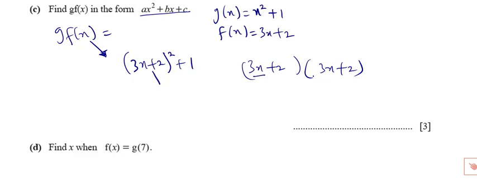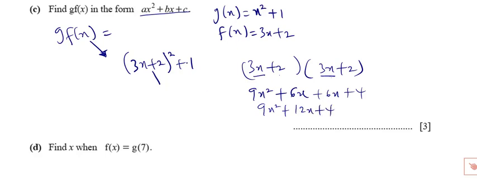So 3x multiplied by 3x, that is 9x squared, plus 3x multiplied by 2, that's 6x. 2 multiplied by 3x, that's 6x. 2 multiplied by 2, that is 4. I simplify this. I have 9x squared plus 12x plus 4. So remember, we have plus 1 here, so I add another 1, 4 plus 1.